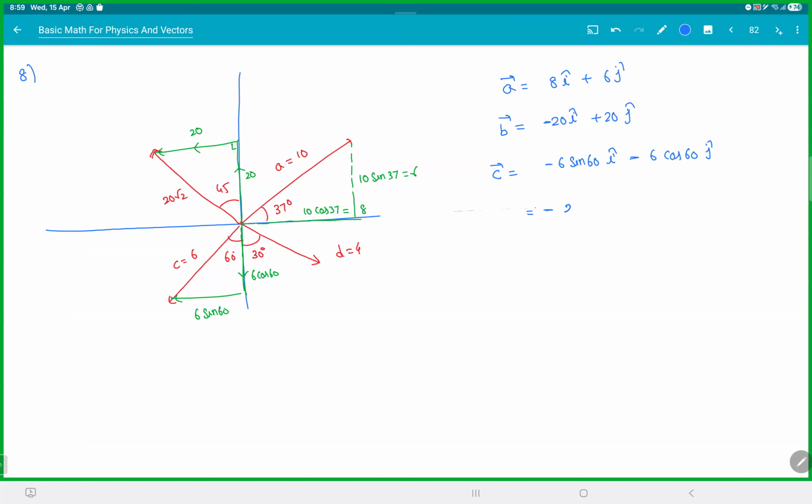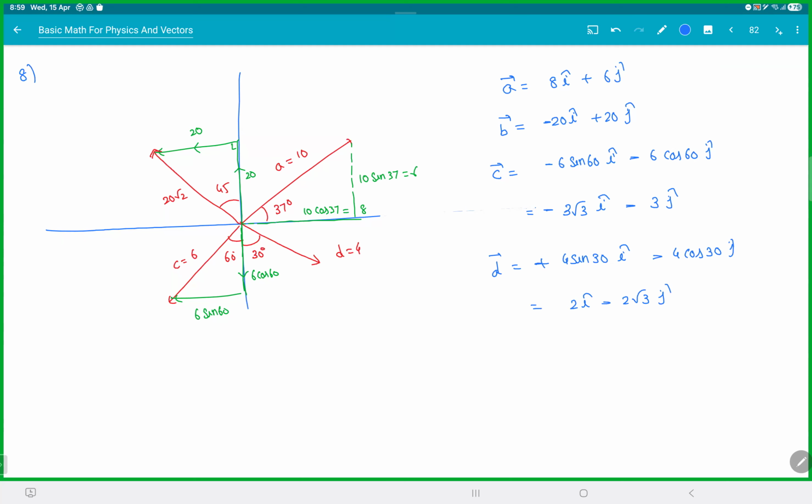That would be 3 root 3 i cap, and that would be minus 3 j cap. And D would be the same thing, plus 4 sine 30 i cap minus 4 cos 30 j cap. And that's 2 i cap minus 2 root 3 j cap. That's that.